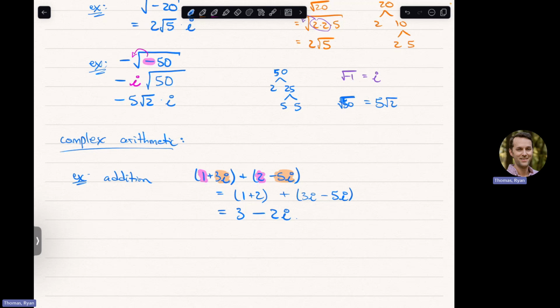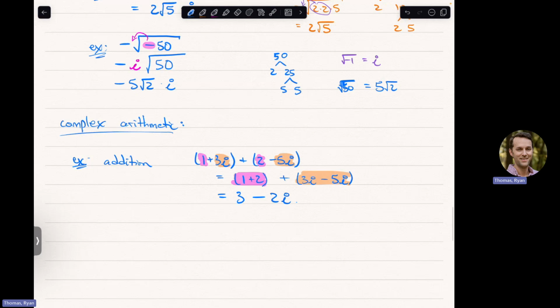And that's it. So again, highlight real parts, imaginary parts, and then you just combine like you would a variable. The same thing would be true for subtraction. You would just subtract instead. So if you're subtracting, just be careful, a negative here would get distributed as usual.